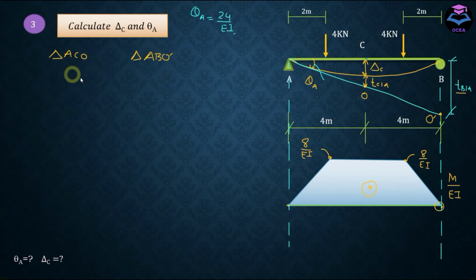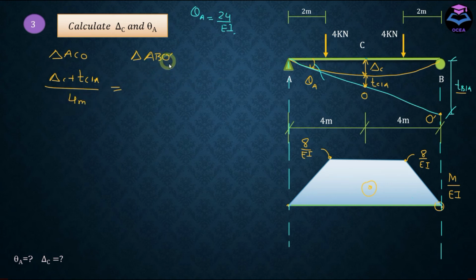And if I write the ratio of the perpendicular upon base for both of these triangles, for triangle ACO, the perpendicular is delta C plus TCA. So delta C plus TCA divided by the base, and this distance is equal to 4 meter.